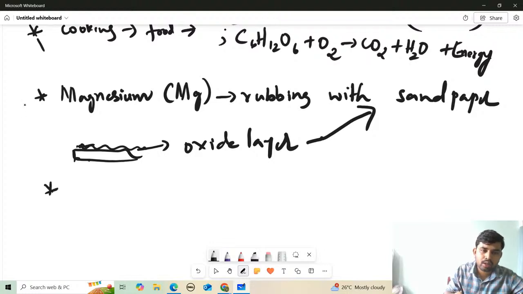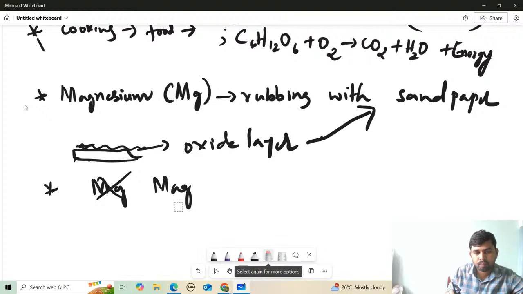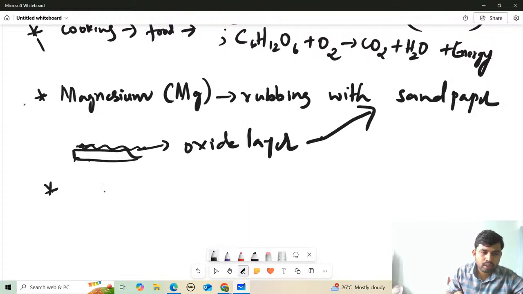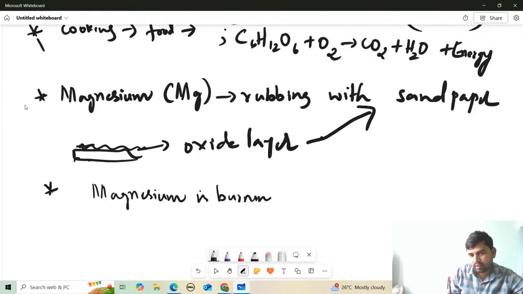Second thing, try to understand. What we are doing here is taking magnesium, and the magnesium is burning.